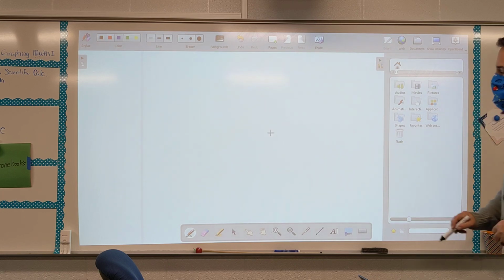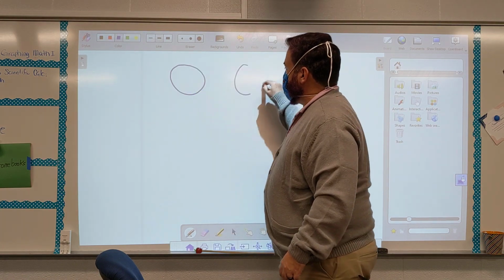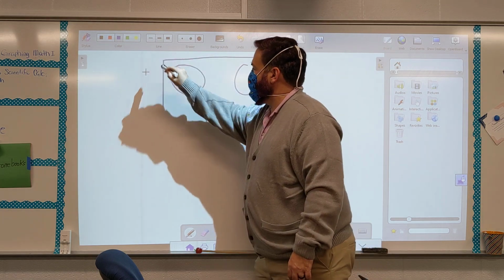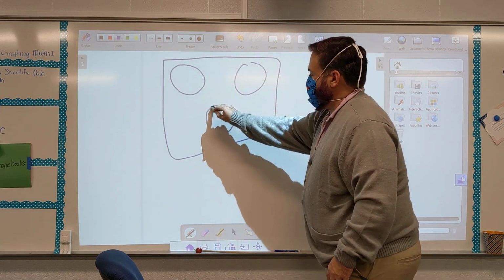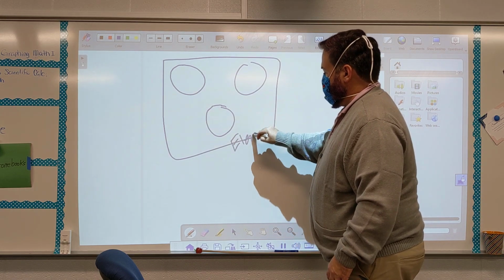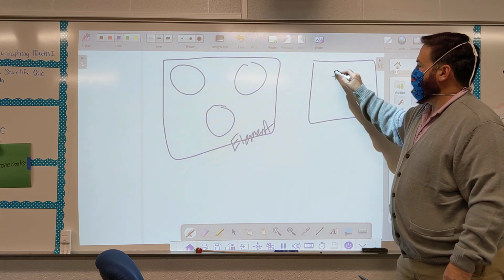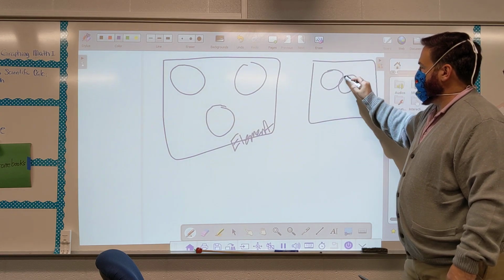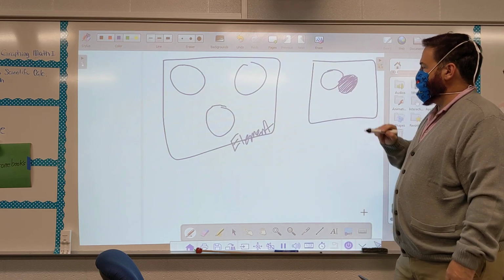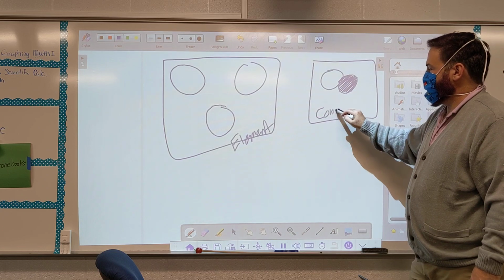Alright, so if you see something like this, there's 3 atoms. But they're not bonded to each other, so that's an element. On the other hand, if you see something like this, here we have 2 different atoms, but they're bonded together, so this is a compound, right?